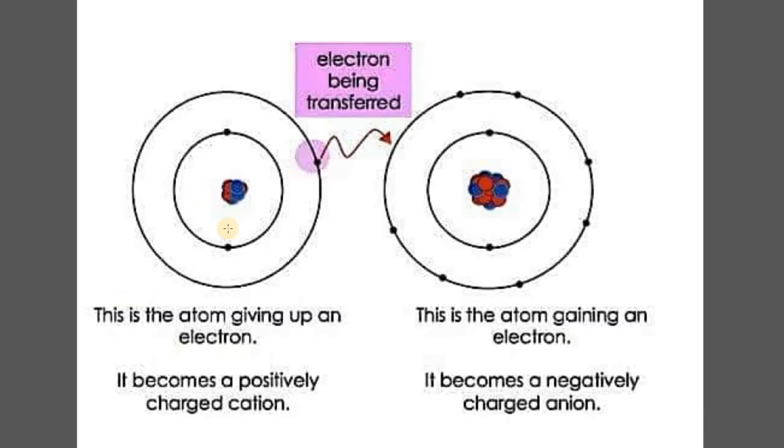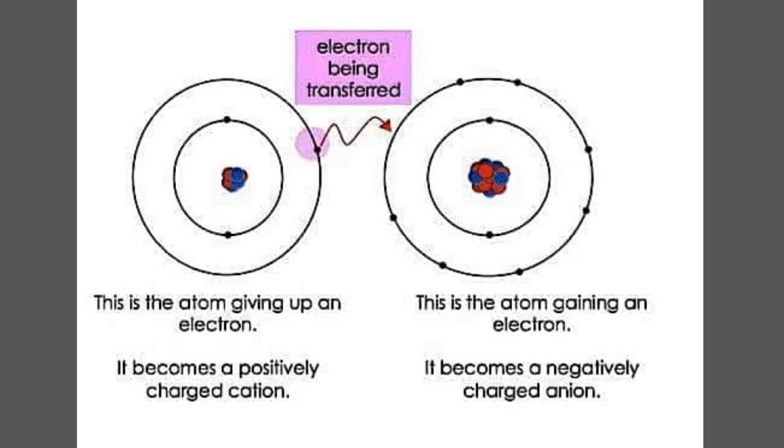As soon as this process of transfer and acceptance is over, the atom which has donated or transferred the electron becomes a positively charged cation, and the one which has accepted it gains a negative charge and becomes the anion.